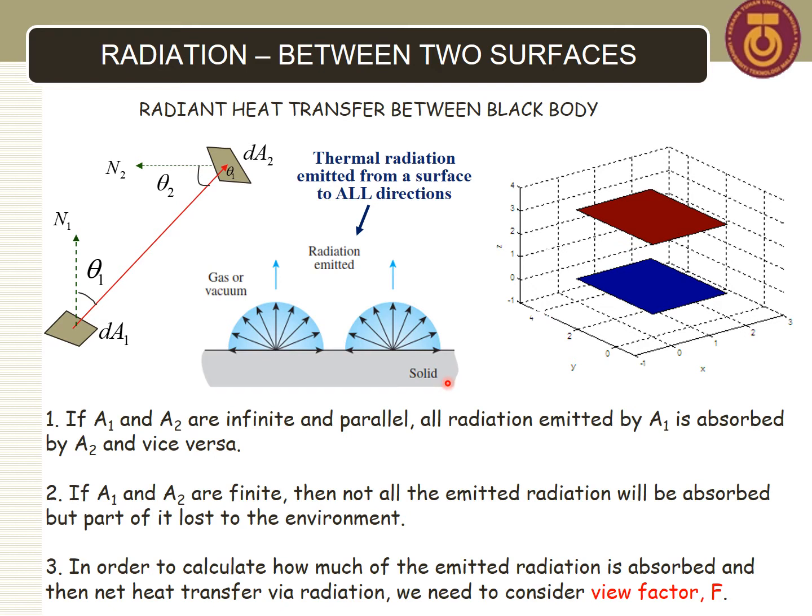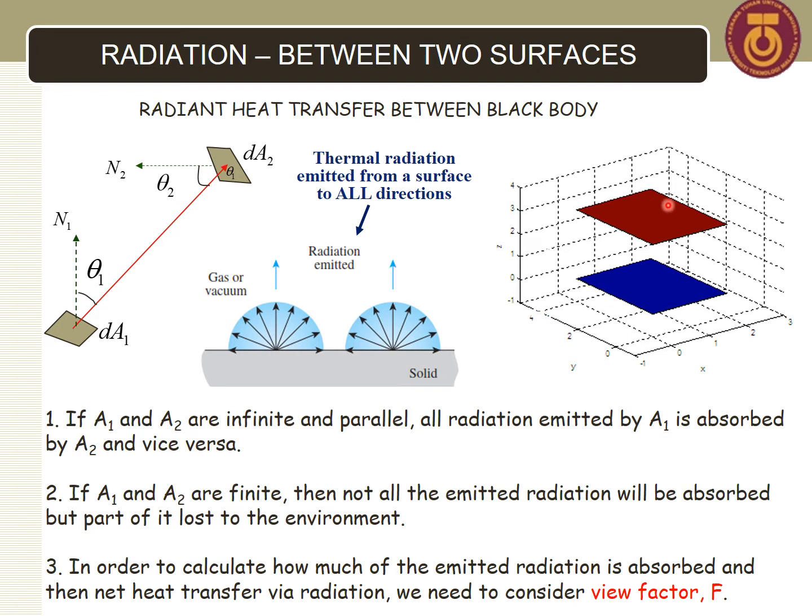Let's see scenario number 2, which is more common in our daily life, because everything in this world has a finite, limited surface area. So if A1 and A2 are finite, it's very clear that not all the emitted radiation from surface 1 will be absorbed by surface 2, and the same goes for surface 2.